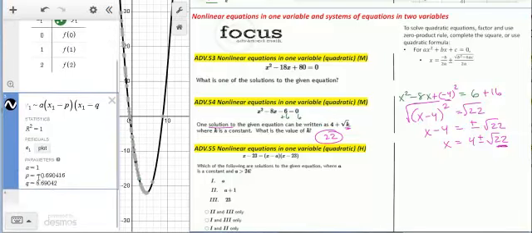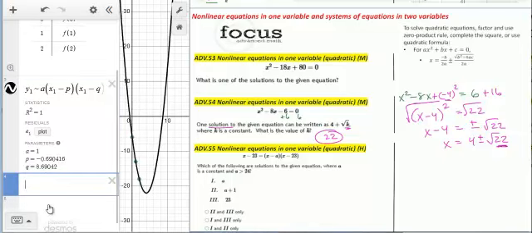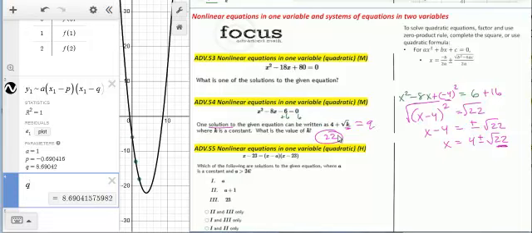It pulls these up, and I have my 2 intercepts. Notice now this 8.69, I have the exact value of it represented by q. So I can pull that down. When I type in q right here, it has the full value of this. And so what I know is that basically this is equal to q.